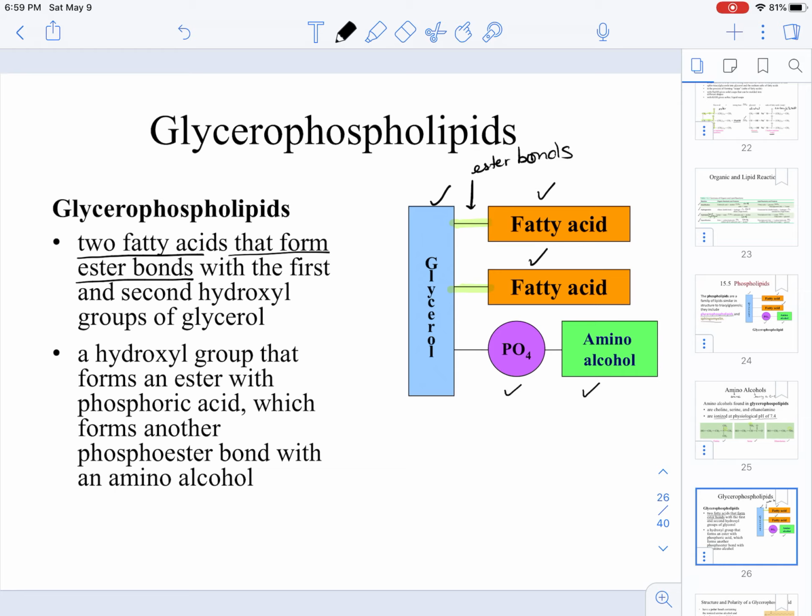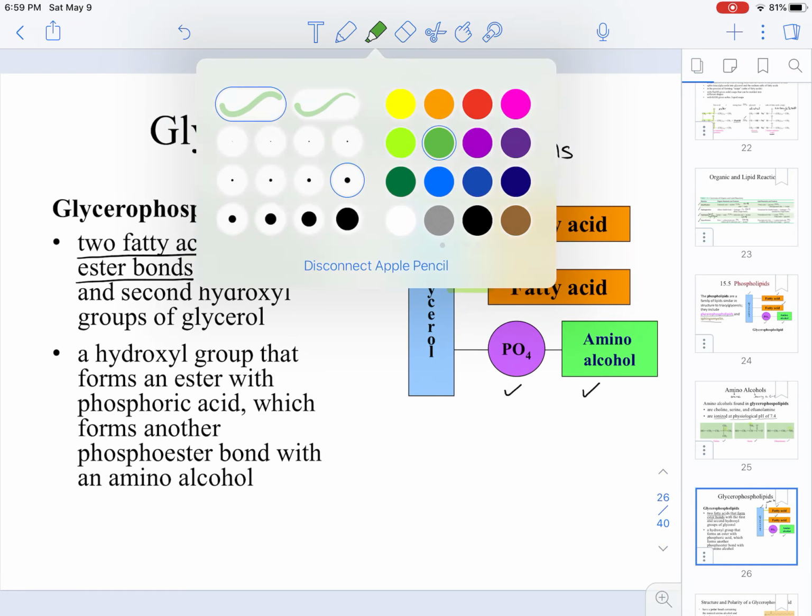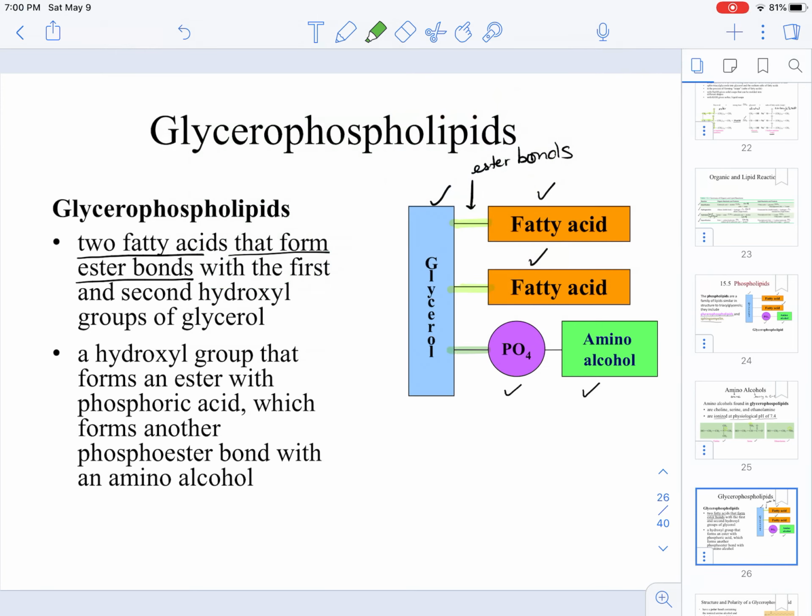Okay? Now, a hydroxyl group that forms an ester here in the bottom one, I'm just going to highlight it with a different green. So that one specifically is going to have a particular name. That is going to be called a phosphoester bond. And the reason is because now the ester bond is between a phosphorus atom and an oxygen atom, okay?